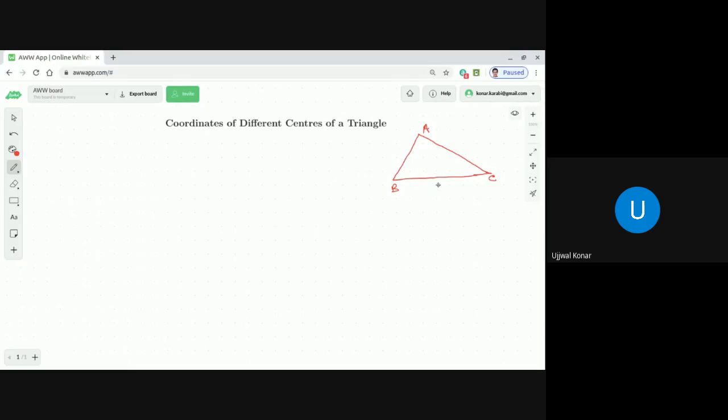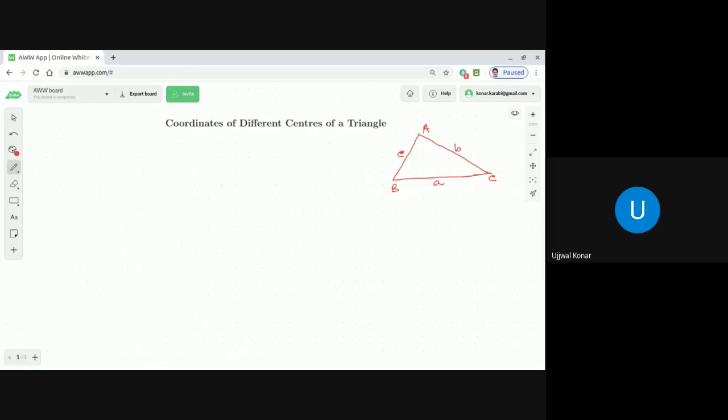Lowercase a is the side BC, which is opposite to the angle A. Lowercase b is opposite to the angle B, that is AC. And lowercase c is opposite to the angle C, that is AB. So these are the 6 characteristics we are aware of.